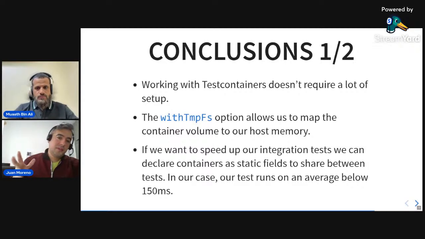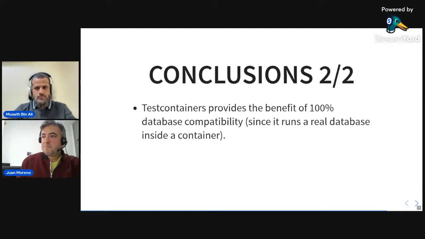Taking that into account, if you want to reuse the container with the whole test suite, declare it as static. If you don't want to do that, just declare it as a regular field. It provides the benefit of 100% database compatibility.